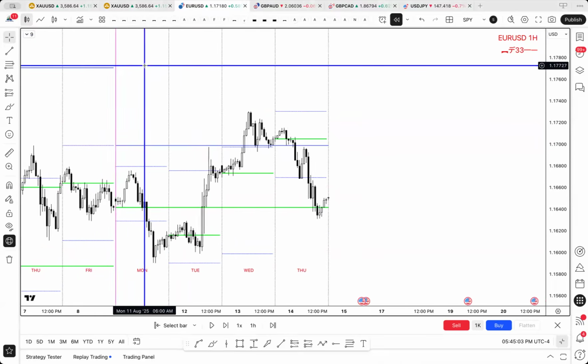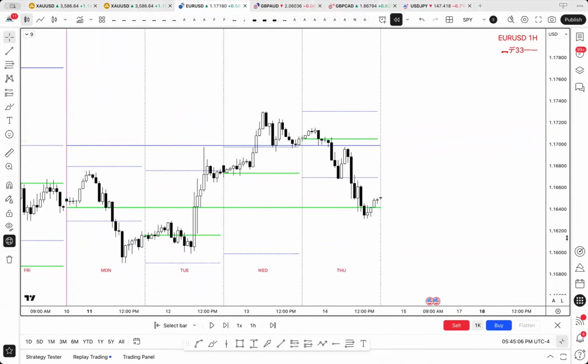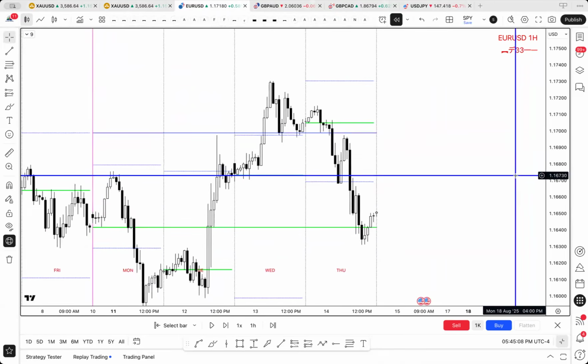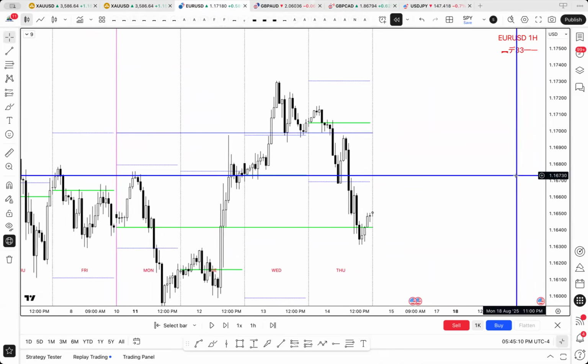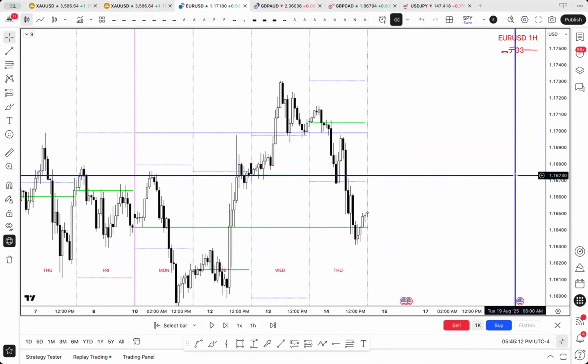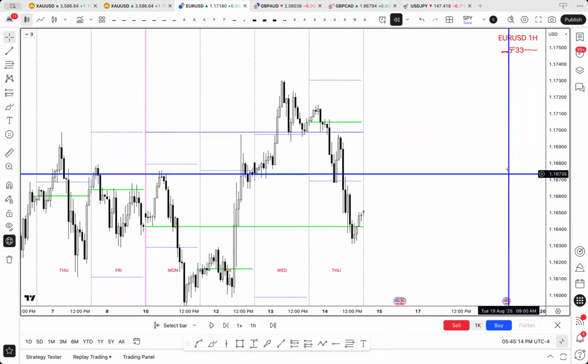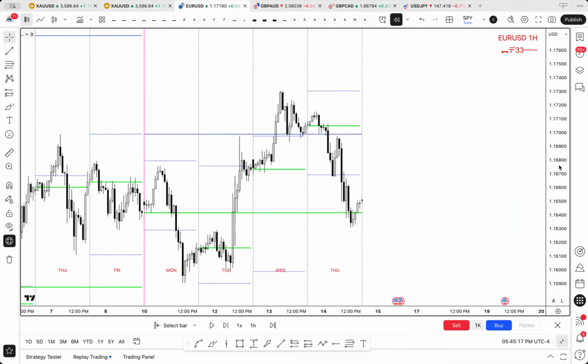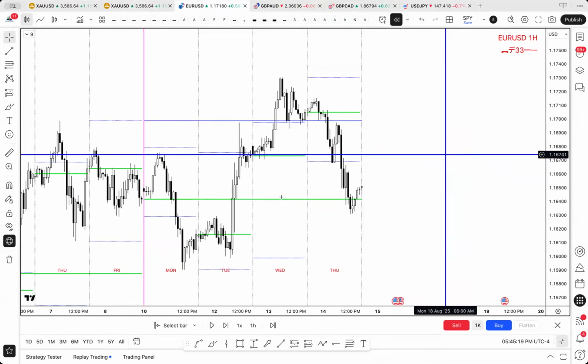Let's go to another example. Euro dollar, and this is a 1 hour chart. We don't necessarily have to zoom in because on any time frame you should be able to recognize this. Now, traders will tell me, well, Snipe, aren't they dumping this down first? I thought this was a trend trade.